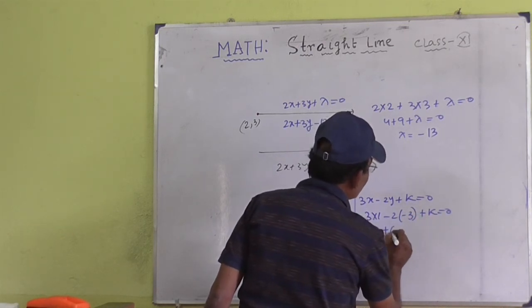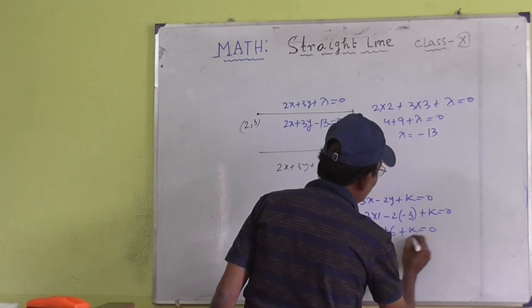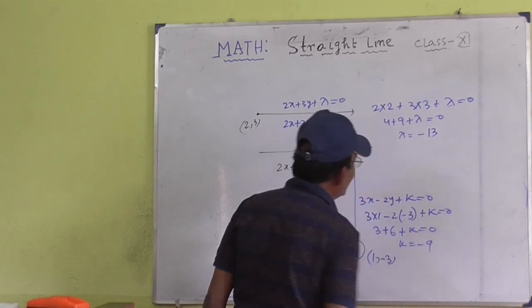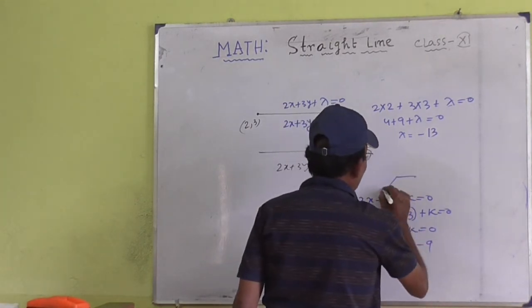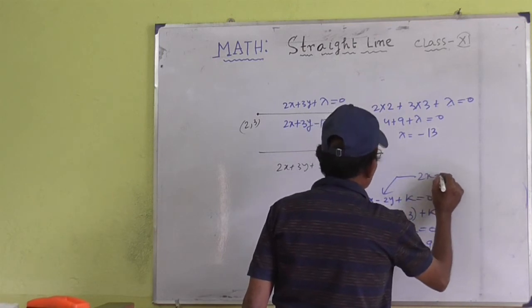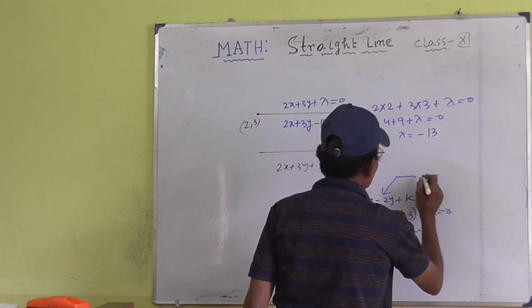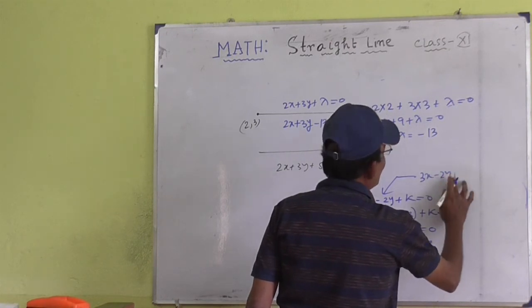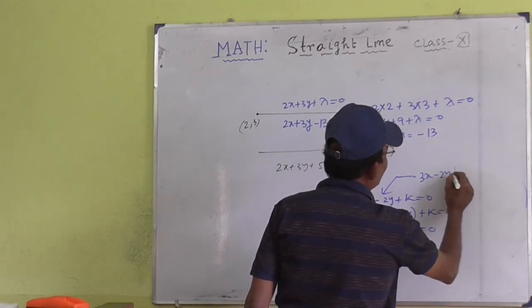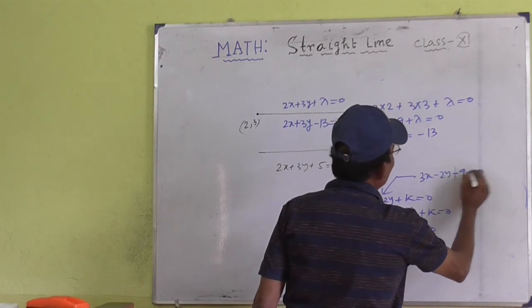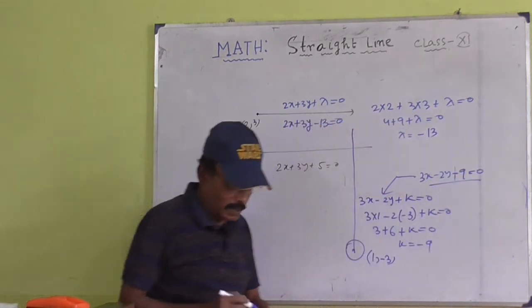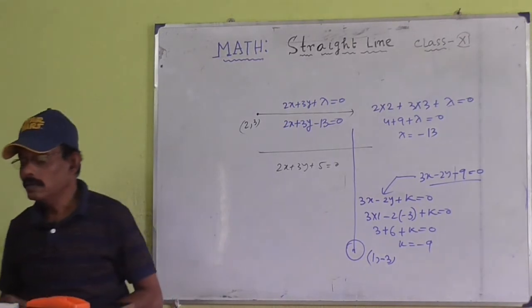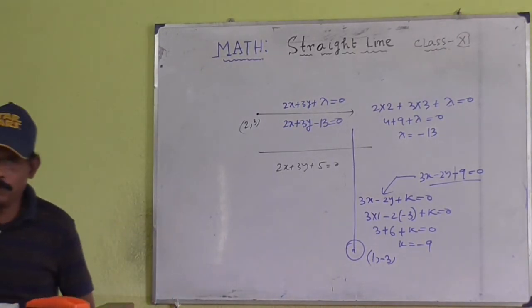So 3 plus 6 plus k equal to 0, so k equals minus 9. So this equation will be 3x minus 2y minus 9 equal to 0. Clear? This is a very important form.